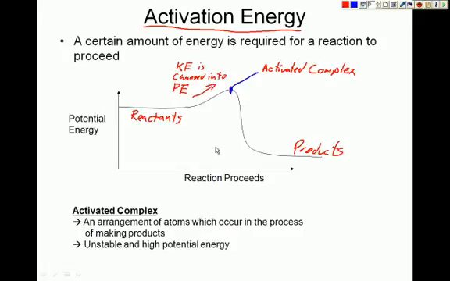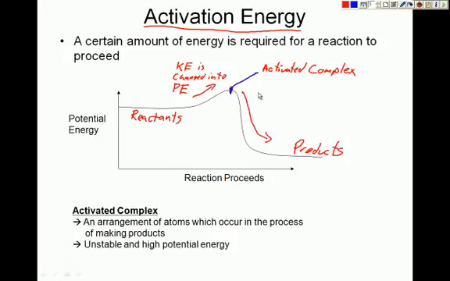The reason why an activated complex is so unstable is that it has a high amount of potential energy, and it wants to reach a more stable state, and it releases a whole bunch of potential energy, and it comes back down and changes into products.